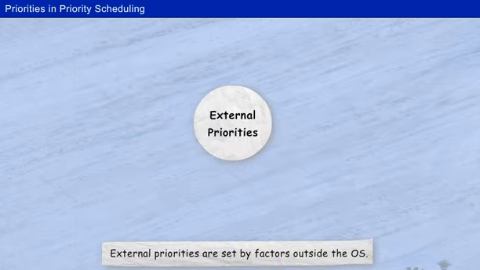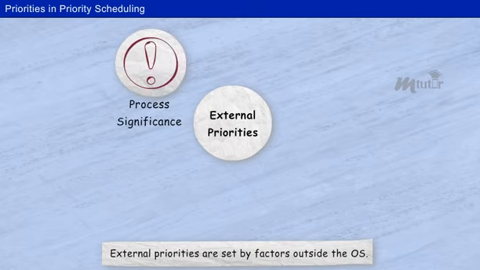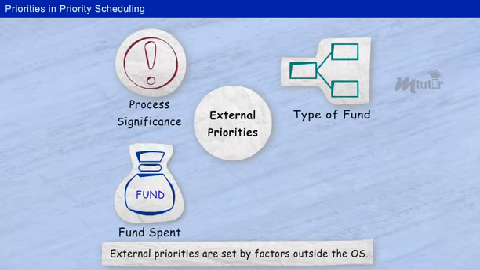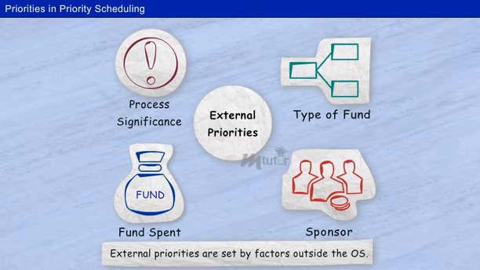External priorities are set by factors other than the OS, that is, outside the OS, such as the significance of the process, type and amount of fund spent for the use, department sponsoring the work, and so on.